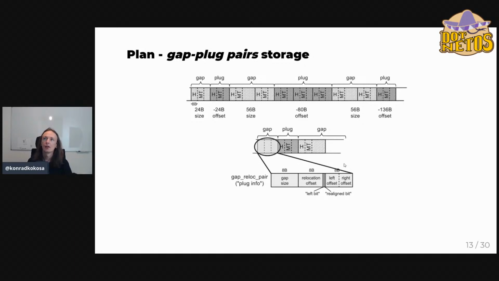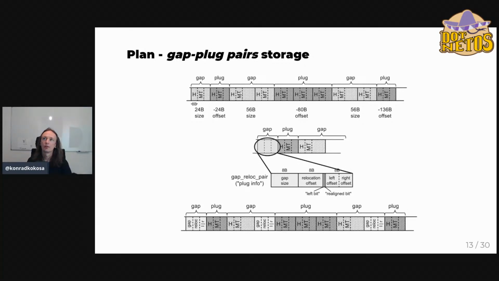So when we look at the result of storing all this information, it will look something like that. We will have the plugs, and at the end of the preceding gap, we will have the data storing this information. We overwrite the gap data. There were some fields of some objects, some references, but we don't care, because those are gaps. So those objects will no longer be used.